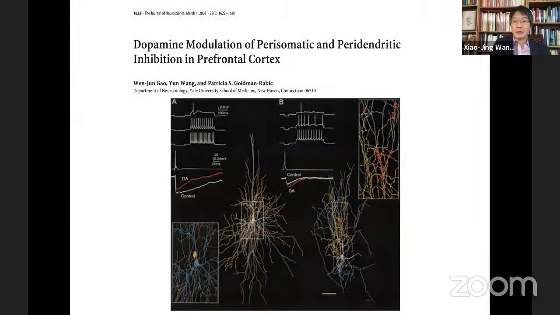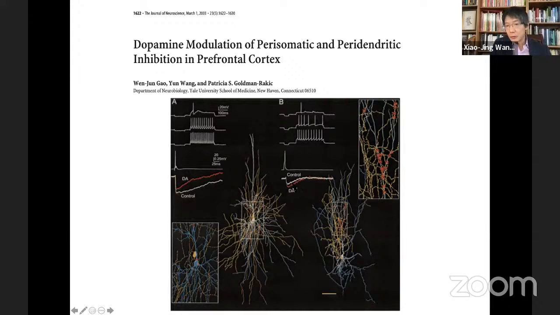By the way, the connectivity, I said, I don't show the data, is coming from Henry Kennedy's lab. We were very impressed by an early study from Pat Goldman-Rakic's lab. This is rat slice work showing back then that dopamine applied in the bath enhances dendritic inhibition.